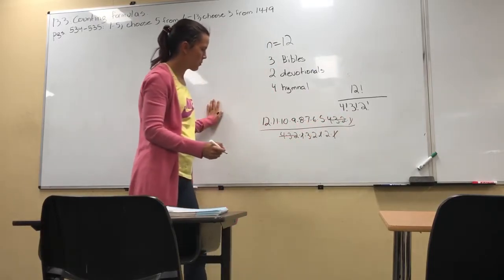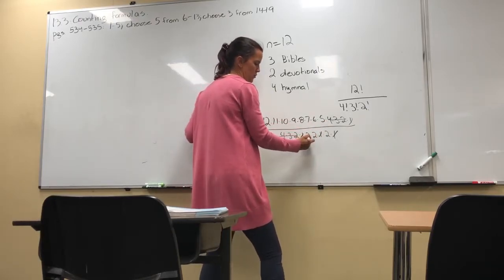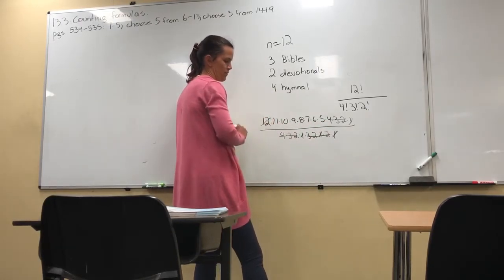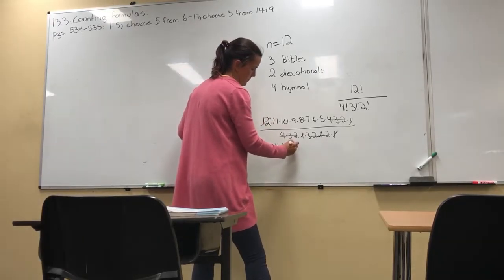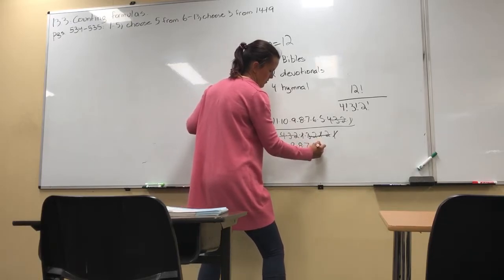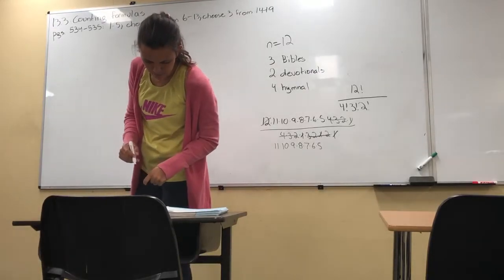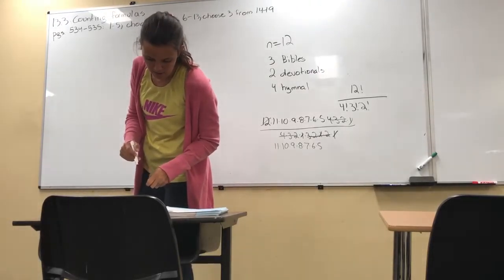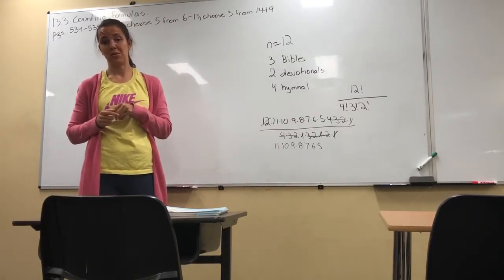And actually, I think we can probably cross out a little bit more, because notice 3 times 2 is 6 times 2 is 12. So we have left 11, 9 times 8 times 7 times 5. Nothing on the bottom. And that should give you an answer of 1,663,200. That's how many ways there are to arrange those books.